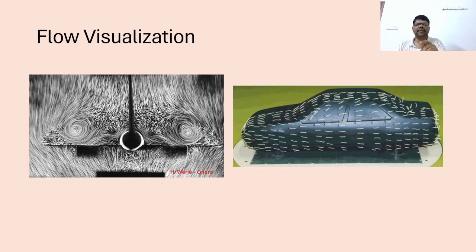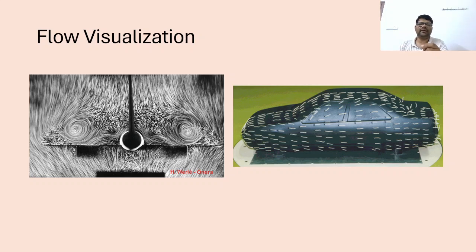On the right hand side is an automobile or car. You can see a number of pieces of thread or fabric made of silk attached at different points over the external surface of the car.